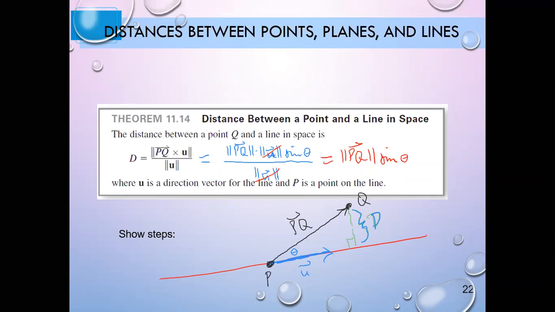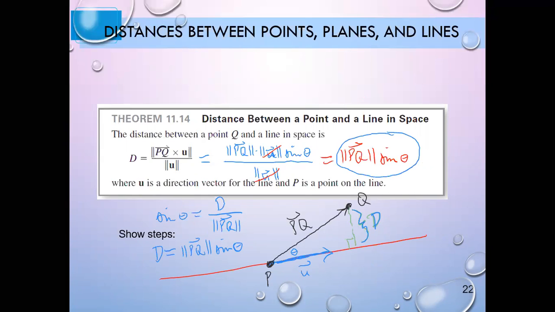You know that sine of theta is going to be opposite, which is d, over hypotenuse, which is what? The length of the vector PQ. So in other words, d is equal to the length of the vector PQ times sine of the angle between them. Yes? Which is exactly, my friends, what we see right here.